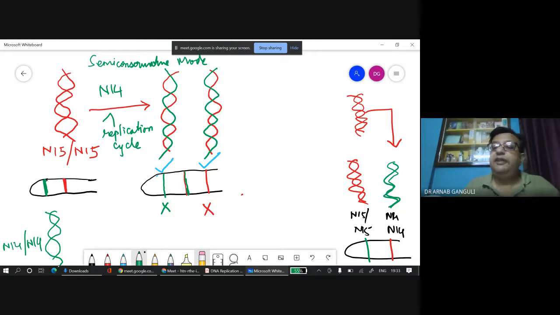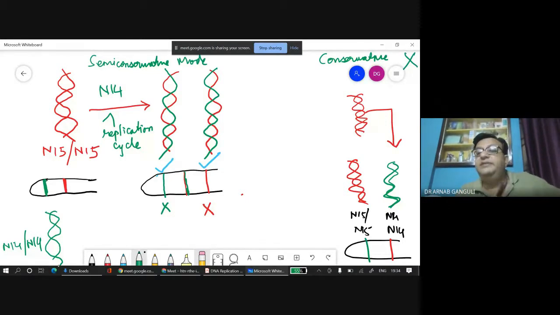If they found after one generation of growing in N14 that they got these two bands, then they would have confirmed that the replication is conservative. So conservative case, this is cancelled totally.